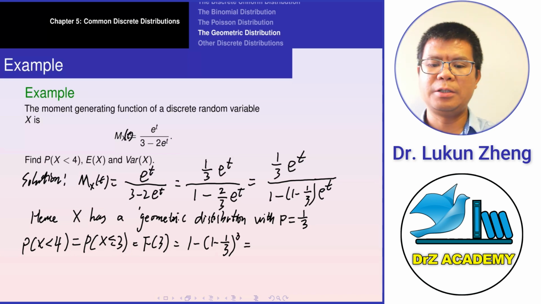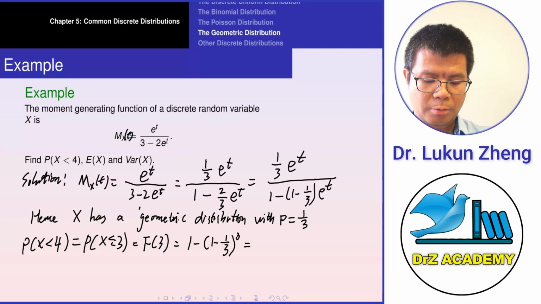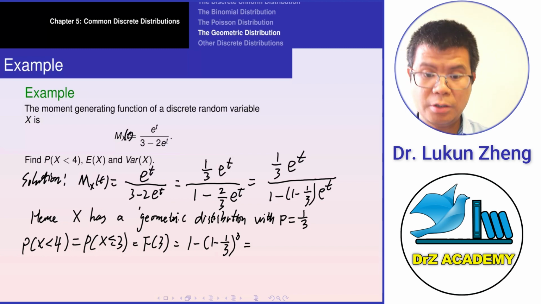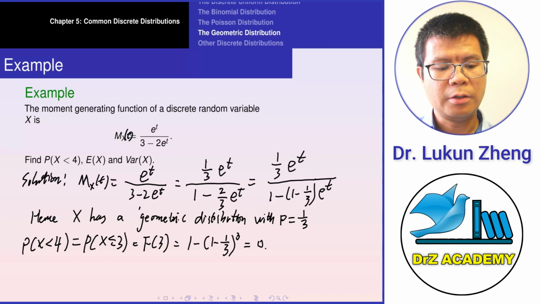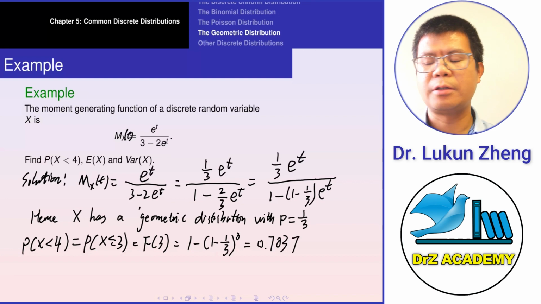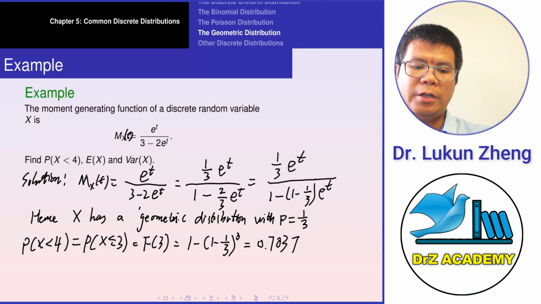So you can just find this one: 1 minus (2/3) cubed. So it's 0.7037. Okay, so that's the probability for x less than 4.